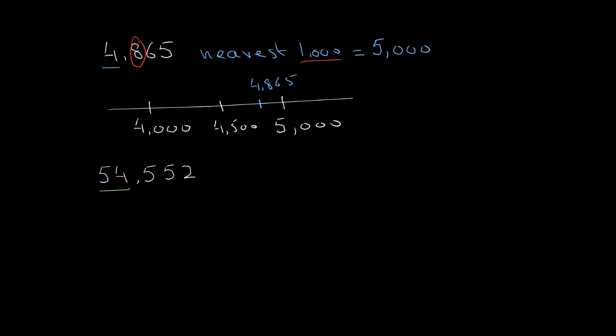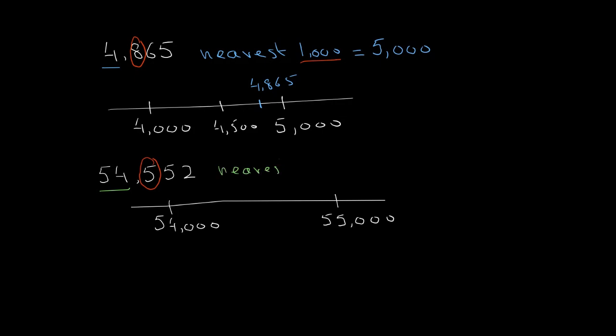So my number line will have 54,000 and it will have 55,000 because I'm counting by thousands. Now to do it to the nearest 1,000, I have to look at the hundreds place. The hundreds place is a 5, which means I have to round up. So the nearest 1,000 is going to be equal to 55,000. The reason it has to be 55,000 is because this number, which I've circled in red, is greater than or equal to 5. So I have to round up 54 to 55.